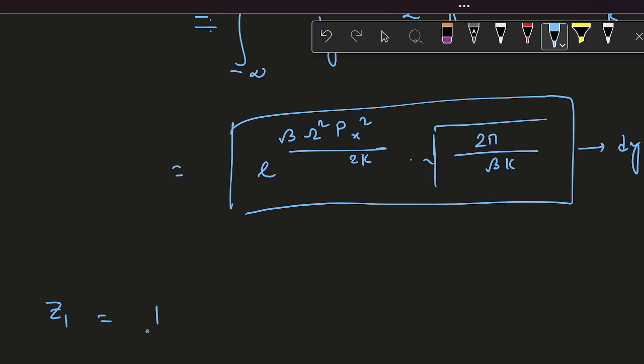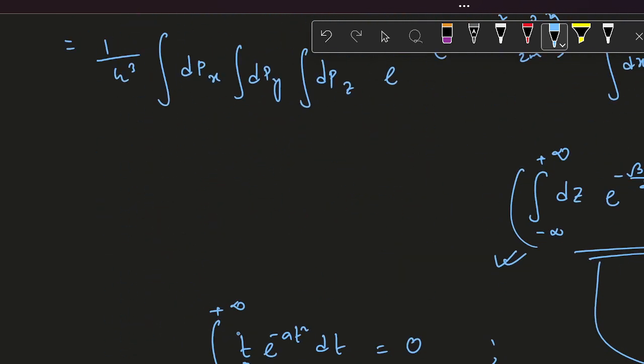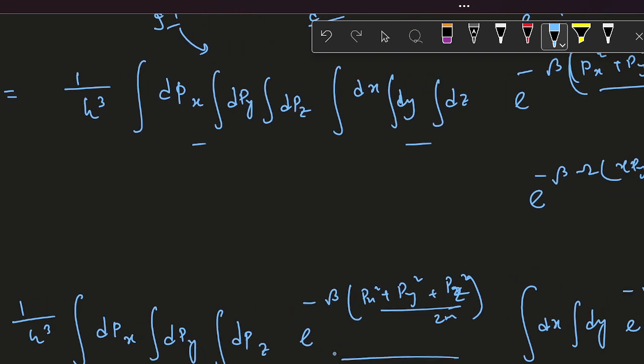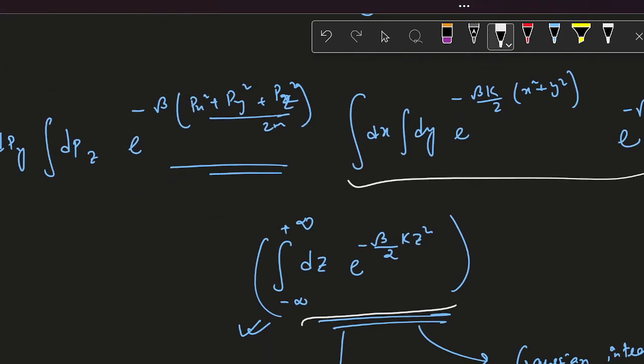Now our Z1 was before 1 by h cube common, and then if you remember the whole term, just let me go back. So this was your whole formula, right? 1 by h cube, and then all these integrals. These parts are yet to be dealt with, and these integrals I have already calculated. Okay, from here to here is already done by us.